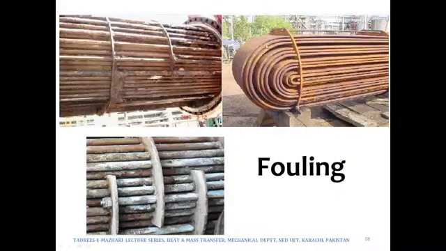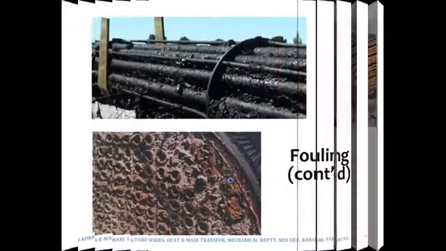Over here we can see this fouling taking place. That fouling needs to be gotten rid of, because that layer of iron oxide would in fact pose more resistance to heat flow, and therefore it will result in lower heat transfer rates.